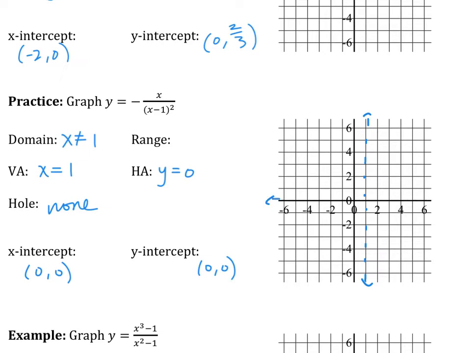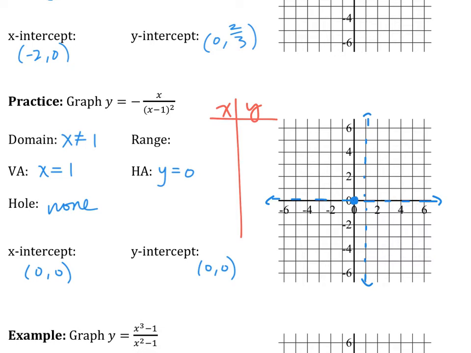Y equals 0 is the horizontal asymptote. And then we have a point at 0, 0. So that's not giving us a lot of information on how this graph is going to look like. So I'm going to have to put in more points. So I'm just going to choose a few because I actually don't know how this graph looks like either.